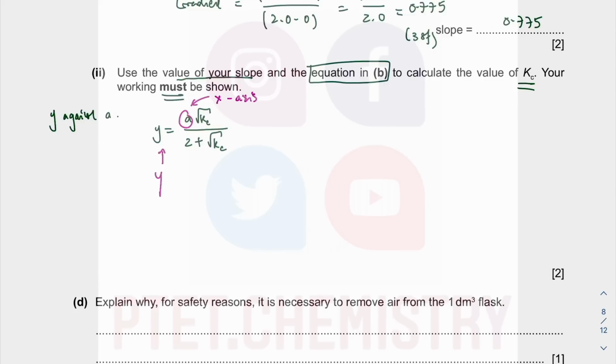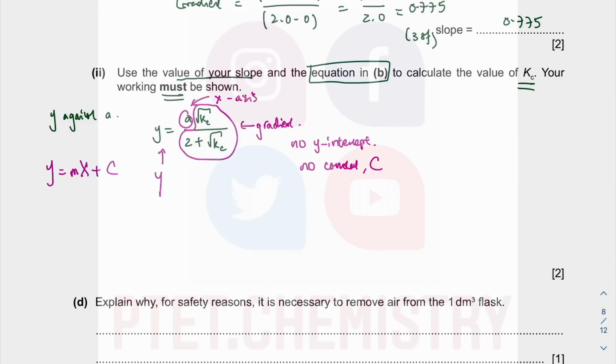And this bit there is basically your gradient. There is no y-intercept because there is no constant, big C, in y equals mx plus c. So this is your linear relationship because our line cut through the origin.